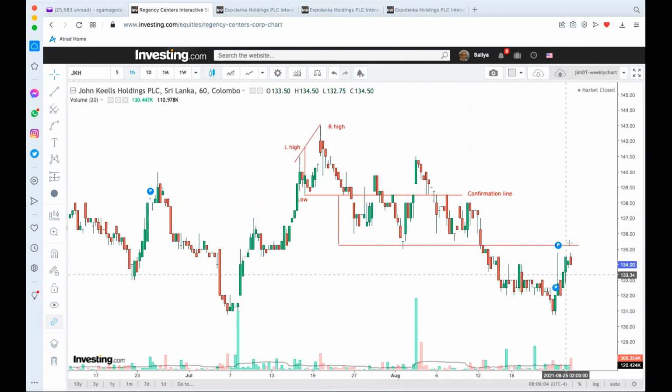Now the prices are on their way to test the 135.25 resistance line, right? So that's how we spot the double top, the confirmation line, then the projection, and see whether the projection is met.